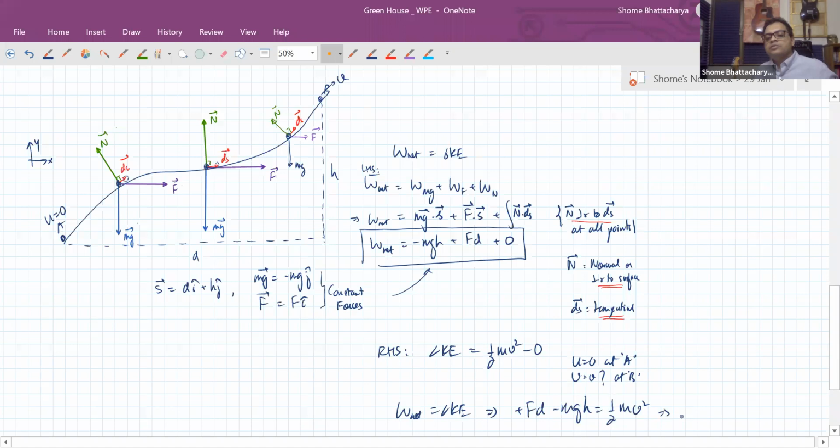From this we will calculate the value of v. Just substitute the values I had given earlier.